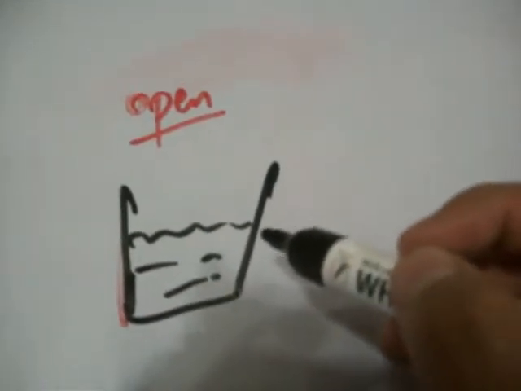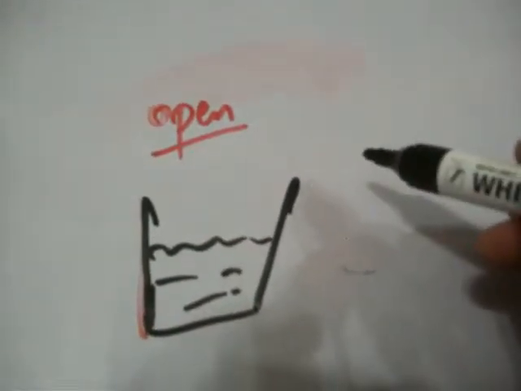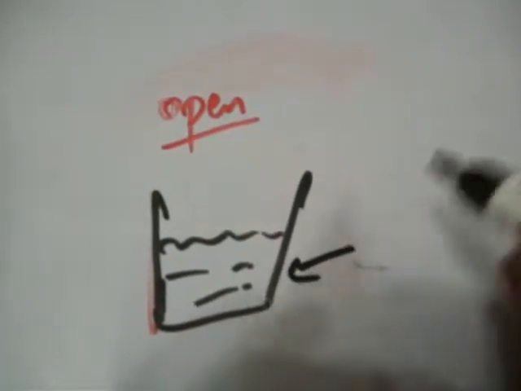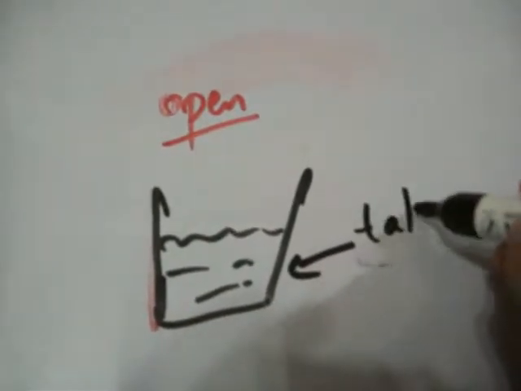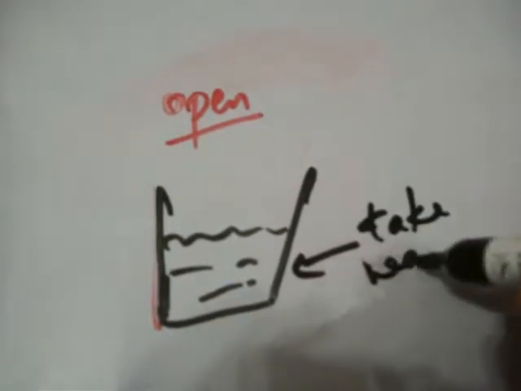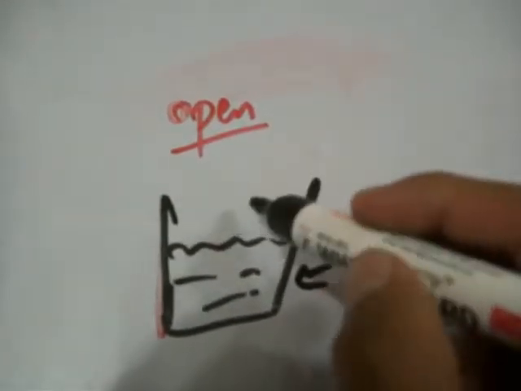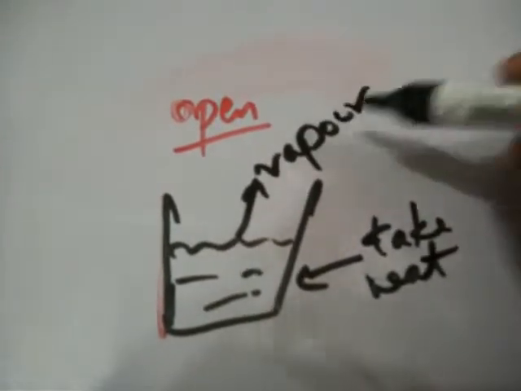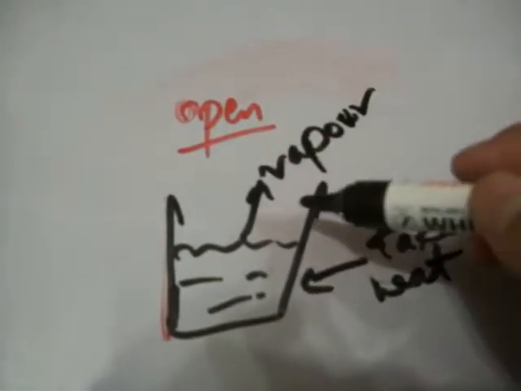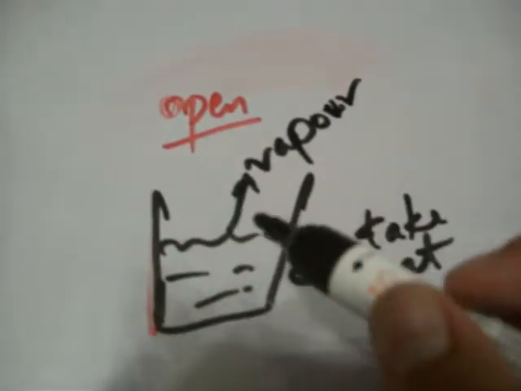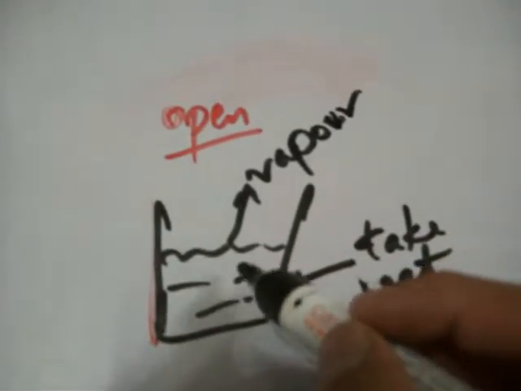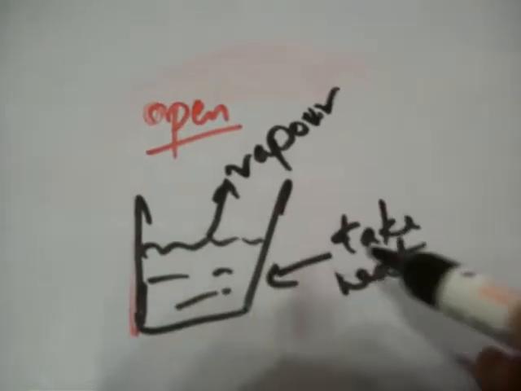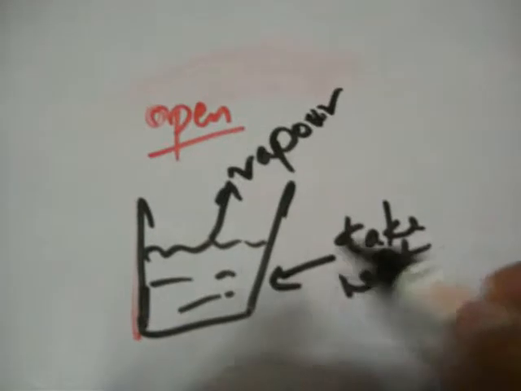So we can see that this beaker has normal temperature water, which can take heat from the atmosphere and evaporate. So basically it reduces its particles from the water, so it can exchange matter and it can also exchange heat with the surroundings.